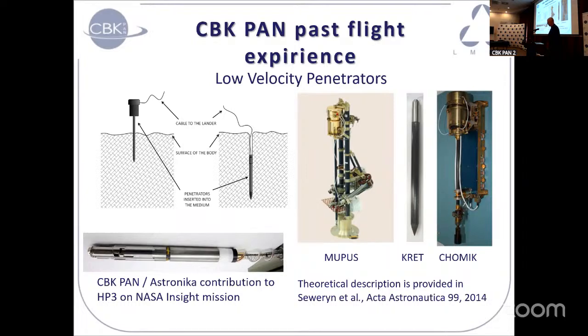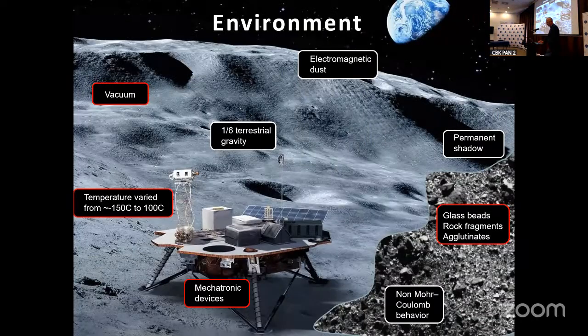Later we developed a couple of other systems like CHOMIK. Finally, we contributed to development of the HP3 on the NASA InSight mission. Based on this, we got the contract for development of what we call the rotary clamshell excavator, which is in principle a sampling device.